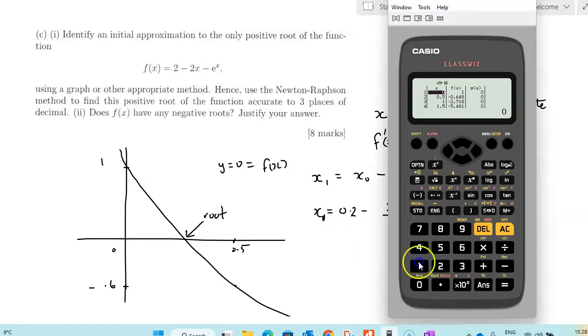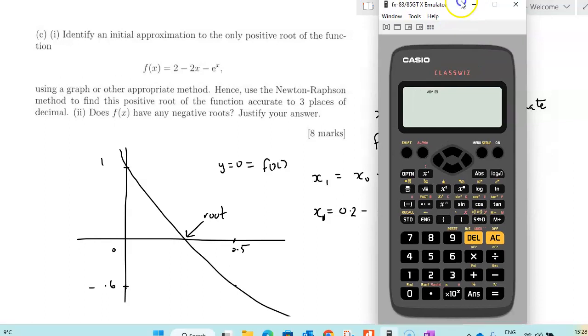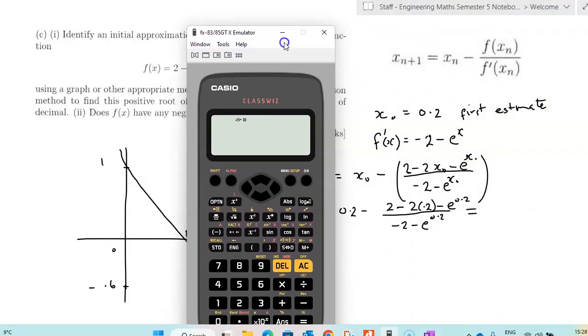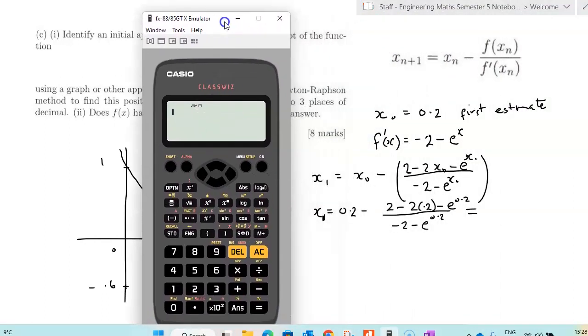So here's the calculator. I'm going to get out of this function, just get into ordinary maths, okay, and type this into the calculator.